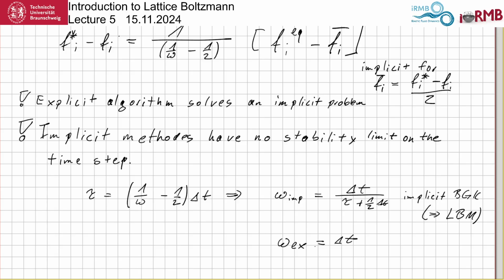So omega explicit would be delta t by tau. And there are actually explicit schemes like this to solve the Boltzmann equation.